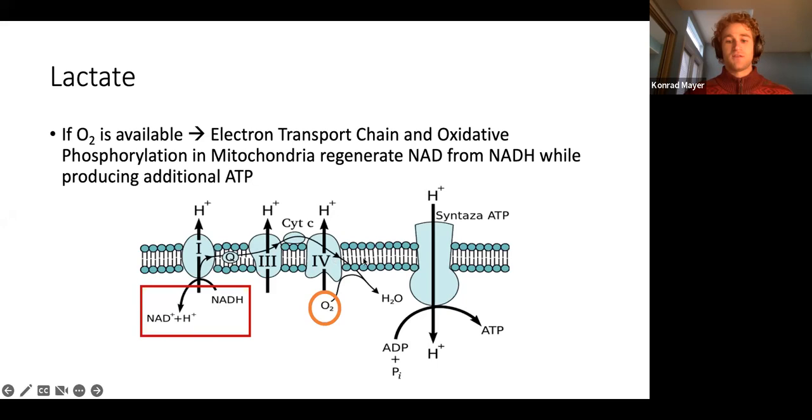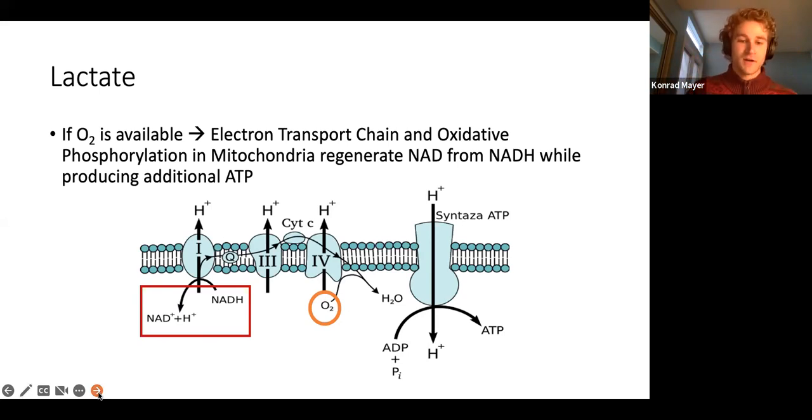This is a diagram of the electron transport chain in the membranes of the mitochondria. So if we have oxygen, everything is good. We have glycolysis, we're using NAD, producing NADH, and then oxygen comes along and we regenerate the NAD.